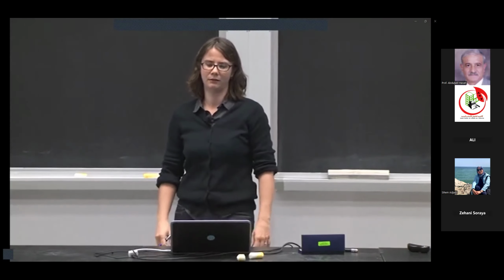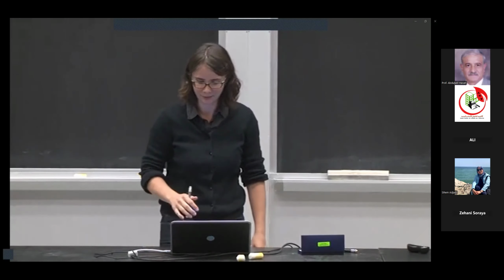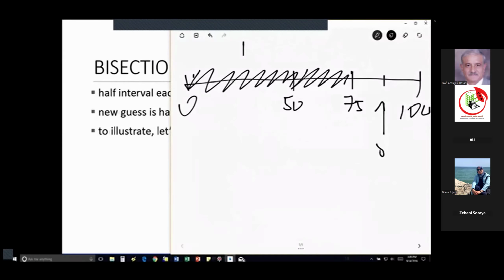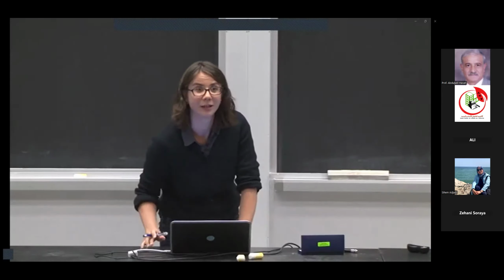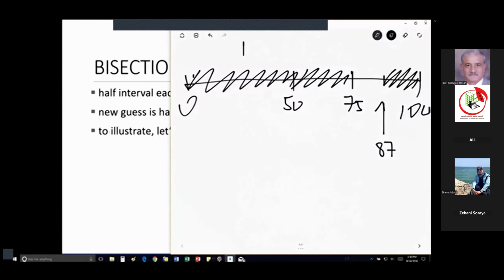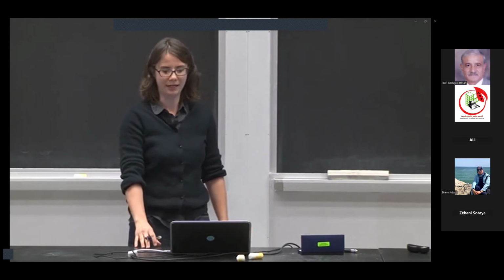Is your number between 75 and 100? Oh boy, you're putting me on the spot. What's that? 87, thank you. 87. Higher or lower? Lower. Okay, since it's lower, I'm eliminating that half. Is your number 81?